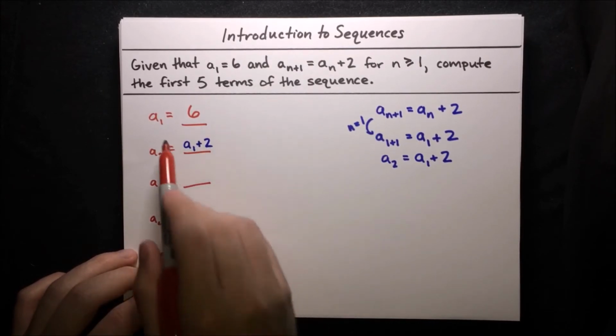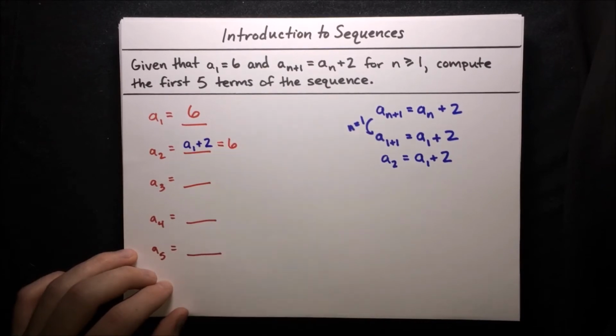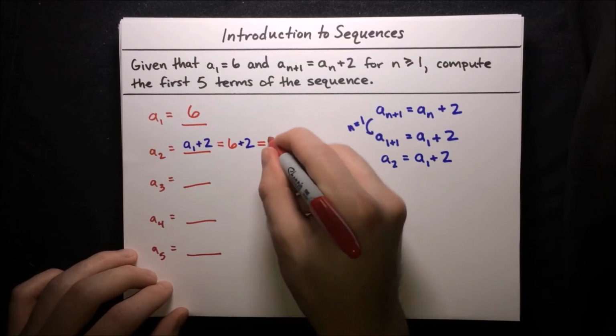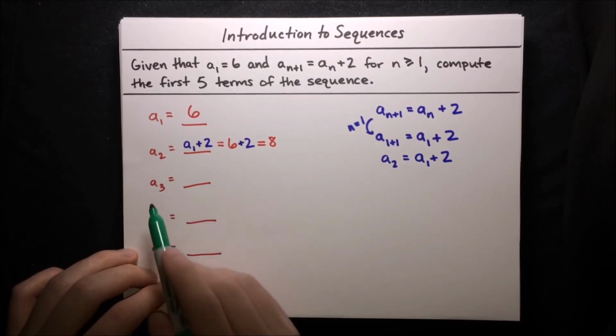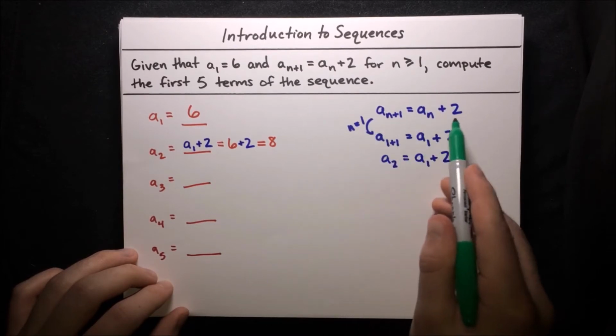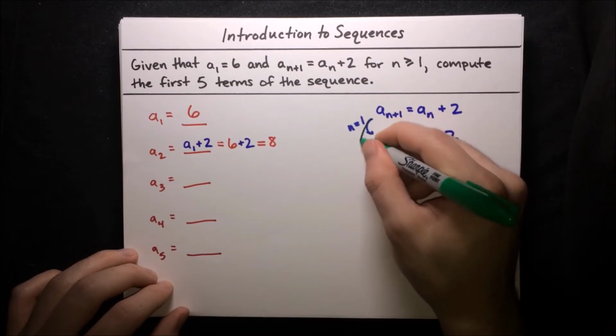A2 equals A1 plus 2. And we know that A1 equals 6. That was the first term. So this is really equal to 6 plus 2, which makes 8. Now to get A3, we can do a similar thing. We've already plugged n equals 1 into this formula, so let's just go ahead and plug in n equals 2.